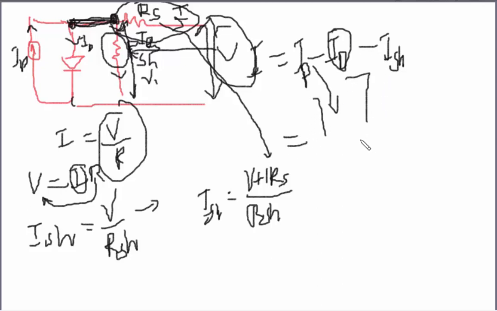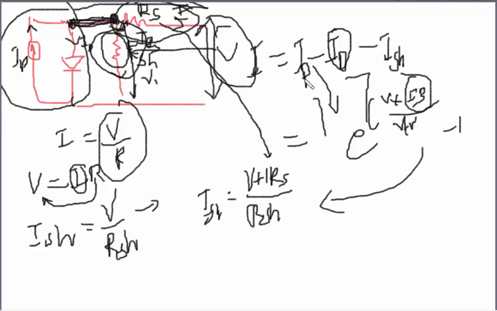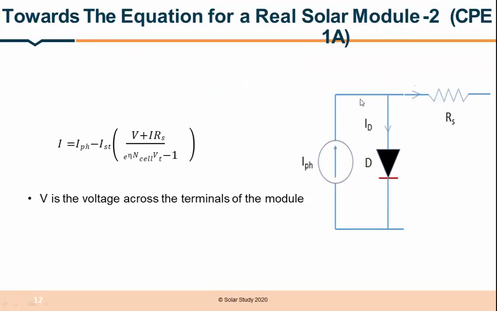ID is nothing but e to the power of V plus IRS, because it also contains series resistance. See, suppose this is a cell, it contains series resistance now and parallel resistance. So I have to include series resistance here, then VT into number of cells minus 1, then this one.